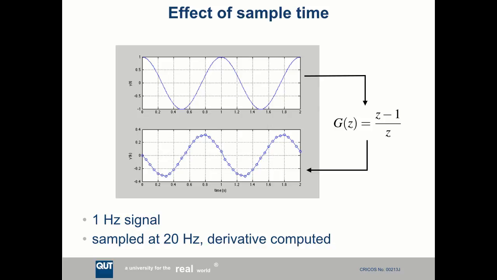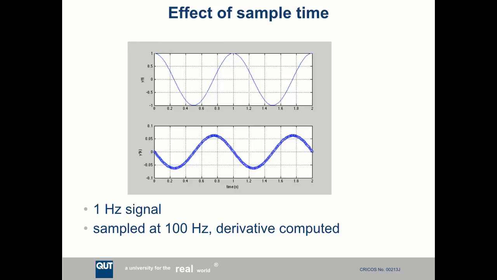Continuous time signal, I've sampled it, I've applied this transfer function which is equal to a derivative function, and there at the bottom is a sine wave, the derivative. So I sampled the 1 Hertz sine wave at 20 Hertz, compute the derivative. All looks lovely. And now I can sample it at 100 Hertz, and I can compute the derivative, and it looks lovely. Well, the samples are much more closely spaced together, right? So all those little circles have all laid on top of each other and given that really thick line.